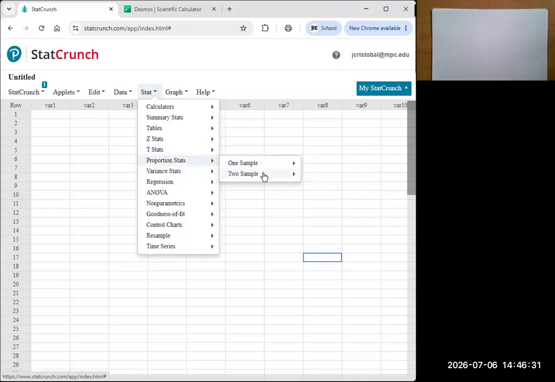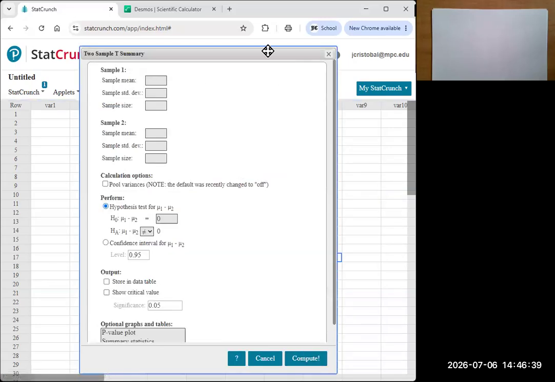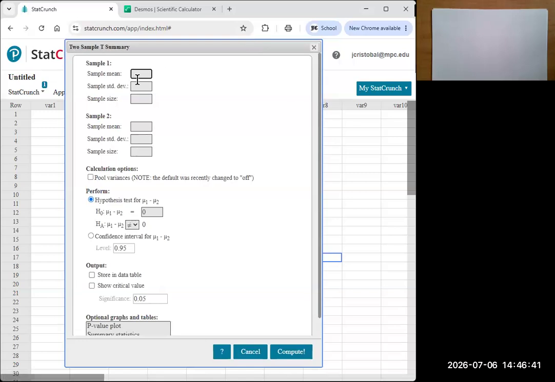Same thing with proportion, Two Sample, and we'll go for Two Samples With Summary. I'll do the mean setup here. And now from our two samples, you'll see sample one, this first group: its sample mean, sample standard deviation, sample size.